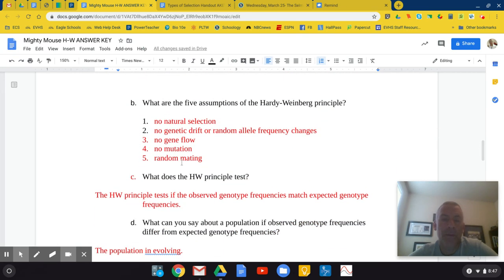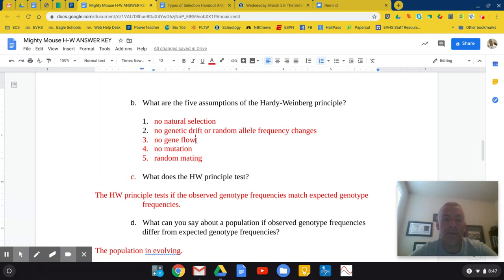So as we look down, we remind ourselves of the five assumptions of the Hardy-Weinberg principle. Those things that keep a population steady without changing mean that there's no natural selection. There is no random allele frequency change due to genetic drift.